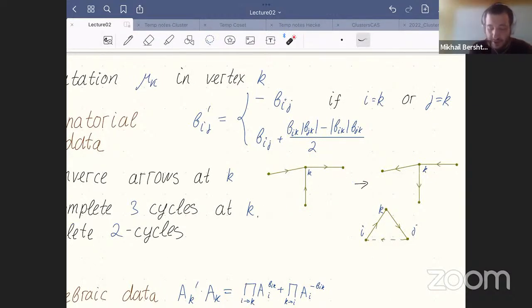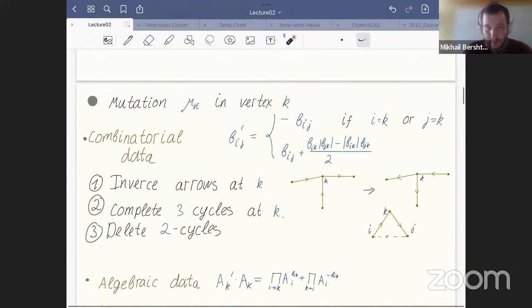I mean, this is a star of the vertex case. In principle, there could be more arrows. But if we assume that this is all we have in D4, then we should add this arrow and this arrow. Okay. Thank you.